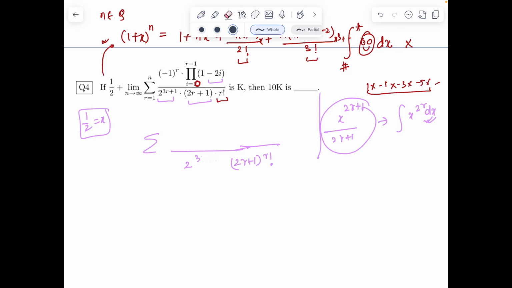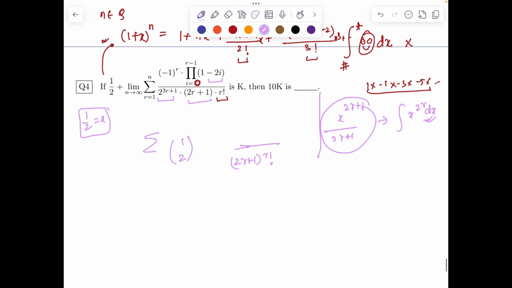So with this motivation, this can be written as half times half whole to the power 3r plus 1, but we want 2r plus 1, so for that minus r has to come somewhere. Now from here you can see, i equal to 0 to r minus 1, there are r number of terms, so that gives us motivation of taking 2 out.